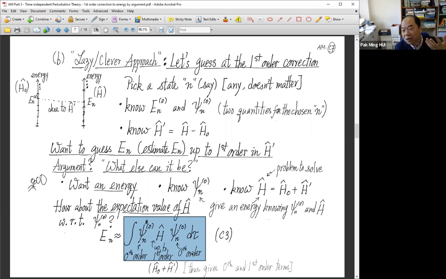It has to do with H0. And H is H0 plus H prime. So there is one H prime automatically appeared. So you will pick up a term that is first order in H prime automatically. Okay, so do you see my argument? I'm guessing at the answer.